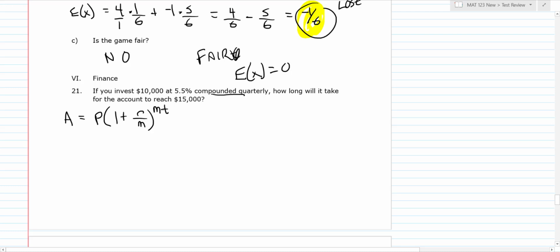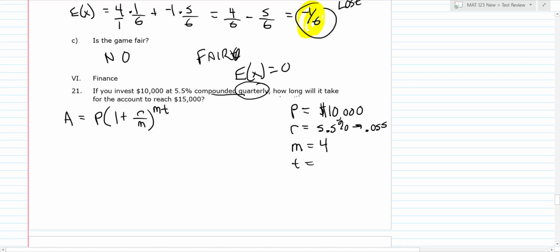And you've got to know what everything means in that problem. So in this problem, P is what you're investing. That's $10,000. R is the interest rate, 5.5%, and you're going to change that to 0.055. M is the number of times you compound, so quarterly is 4. The time we don't know.